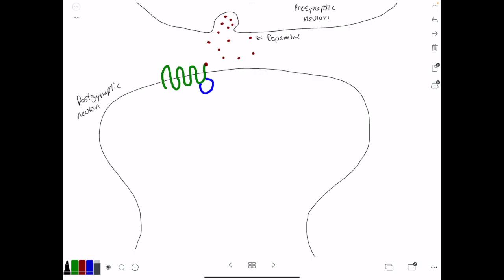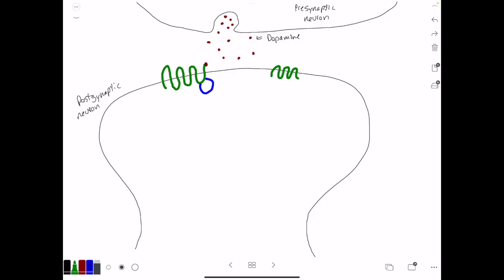And so in this example here, we have what we call the A2A receptor. And in fact, I've sort of messed things up here because I have our dopamine attached. That was not quite my intention here, but let's do this. I'm going to draw another one.